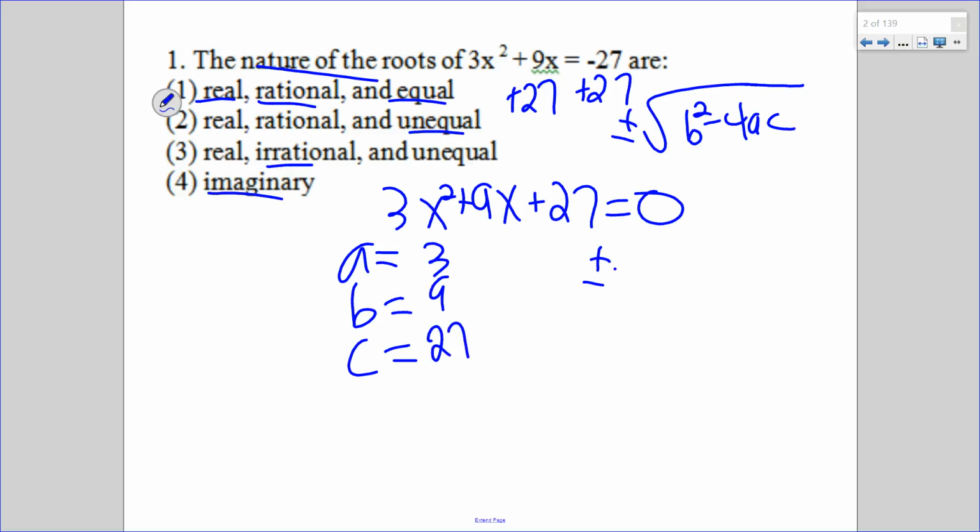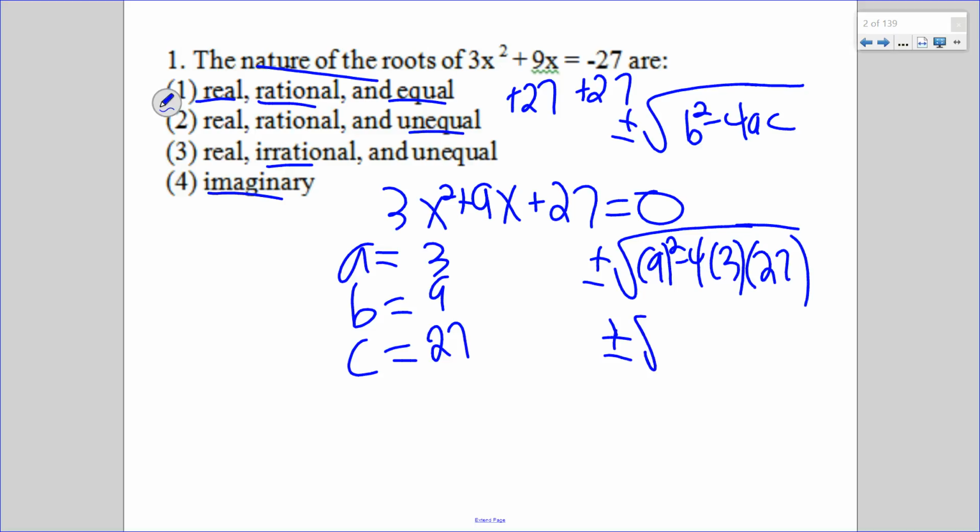So I do plus or minus radical. Make sure you put b in parentheses. If you don't, you're going to get it wrong half of the time. So I don't want that to happen. I believe that is negative 243. That is imaginary. Let's talk about the four circumstances. If it's a negative, it's imaginary.